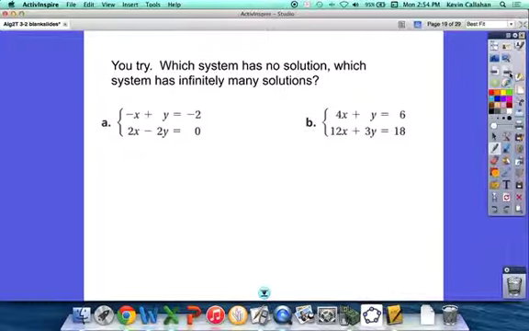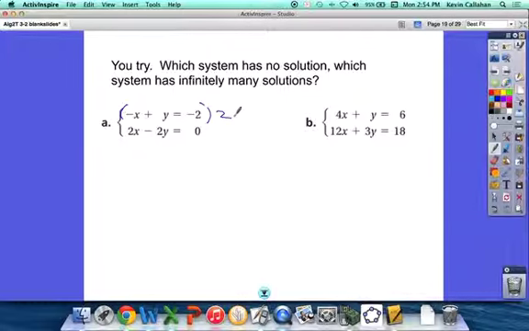You say which one is no solution, which one is infinitely many solutions. Just imagine on both of these, you're going to have to multiply by something, right? You're going to have to take that first step before you can get there. What are you going to multiply by? Which equation here? By 2, right? You're definitely going to go the first one by 2.